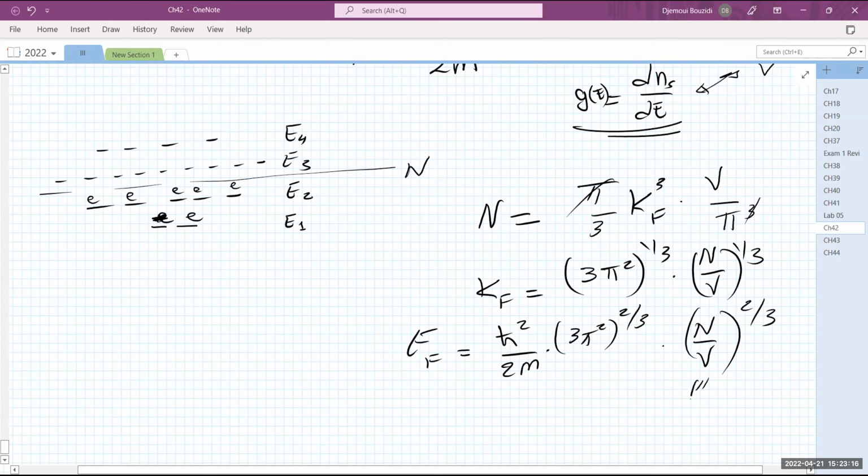What is n over V? That is the number of charge carriers, and it is equal to the number of atoms times 1 or 2, depending on the valence of that atom. If I look at the periodic table, for example, sodium has 1 valence electron that can participate in the bonding.